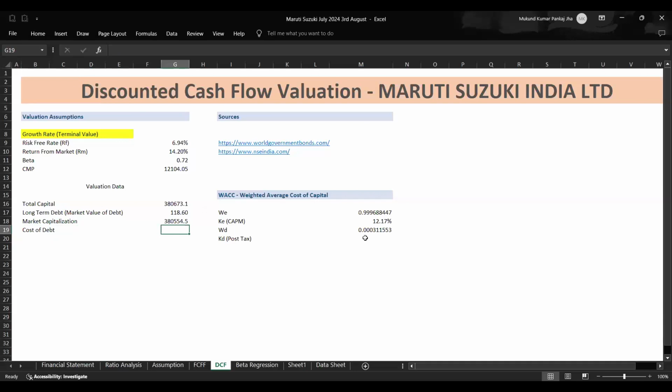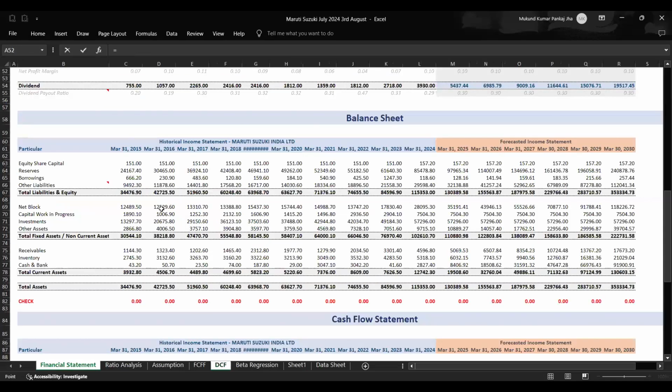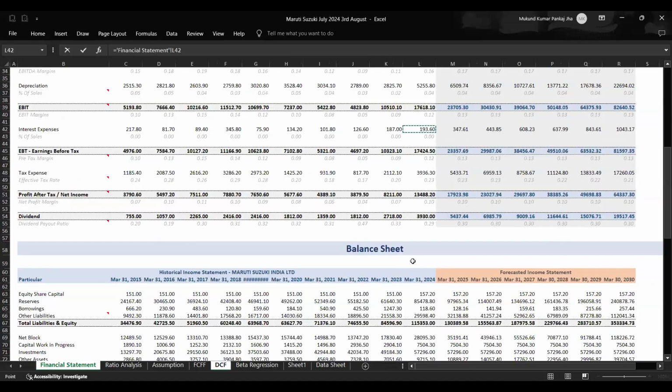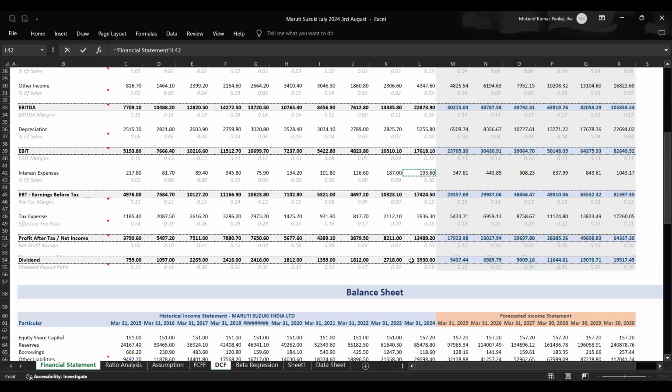What do you do for weight of equity? For weight of equity, it's equity divided by total capital. Cost of equity is RF plus (RM minus RF) into beta. Weight of debt is long-term debt, that is market value of debt, divided by total capital. For cost of debt, we will be considering interest expense divided by borrowings.